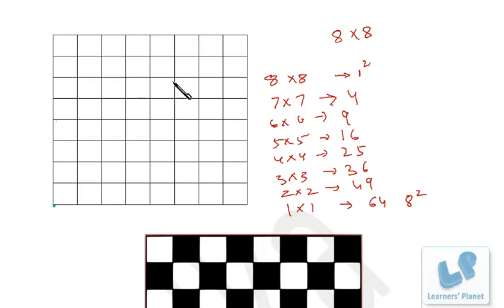Now how exactly are they getting framed? Just listen to me carefully. Now 8 by 8 and 1 by 1 I don't have to show. 7 by 7. The first square will start from here and end over here, right? This is 7 and similarly this, right? So this is A, B, C and D, right? Now this A, B, C, D is shifted to this point. So 2 this way, one step movement this way.